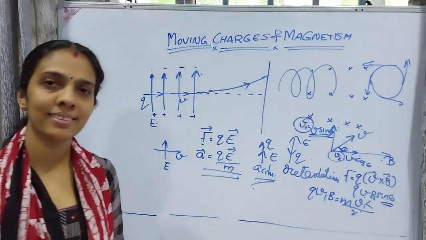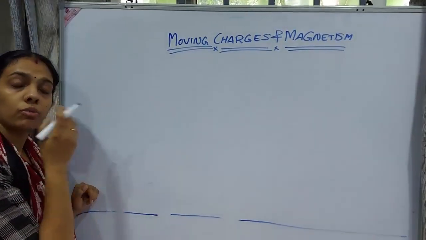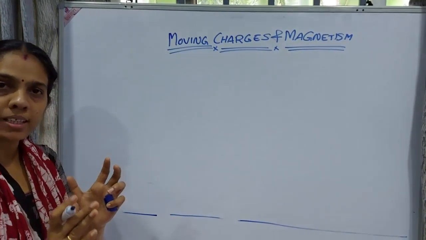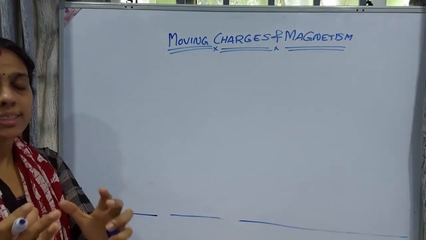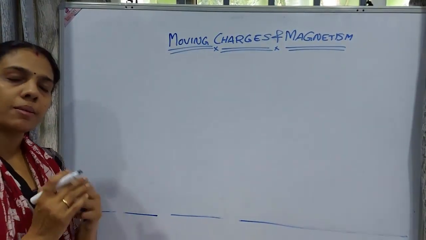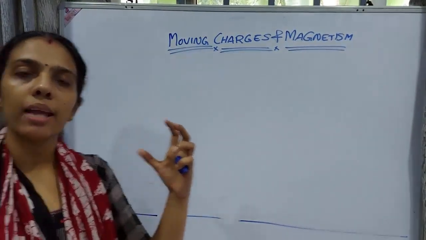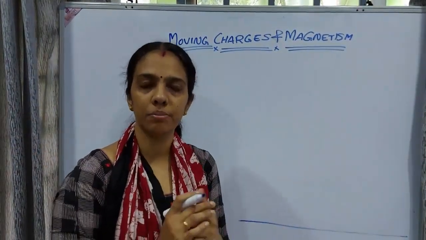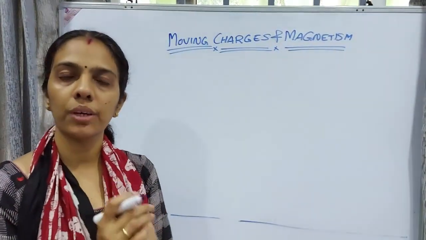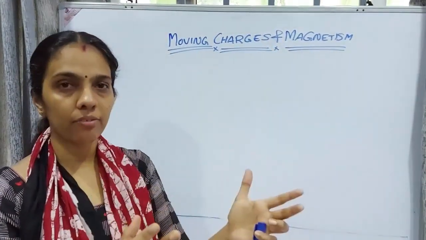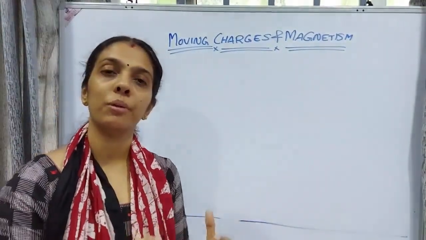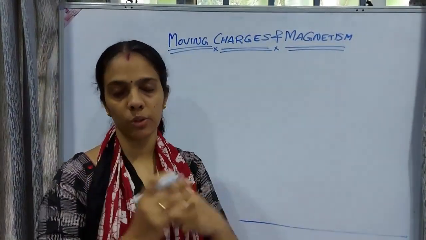Okay, clear? So now we learned about the force acting on a charged particle if an electric field is present or a magnetic field is present. Suppose electric field and magnetic field together are present in a field, and a charged particle is moving in that. What will be the net force acting on it?